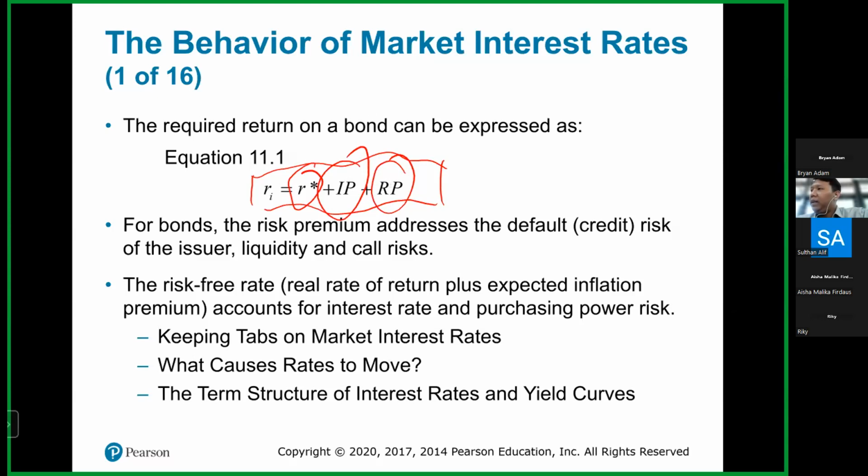Let me explain several preparations before we start calculating. For bonds, the risk premium addresses the default risk of the issuer, liquidity, and call risk. So the risk premium represents all the risks associated with certain bonds.